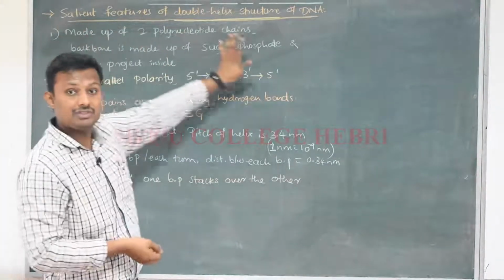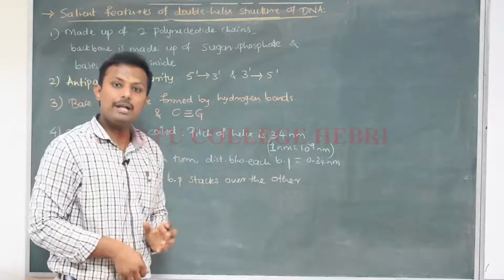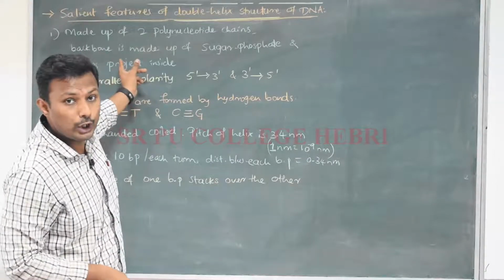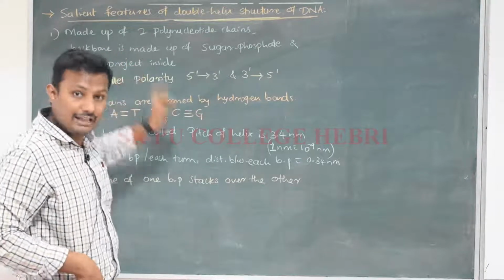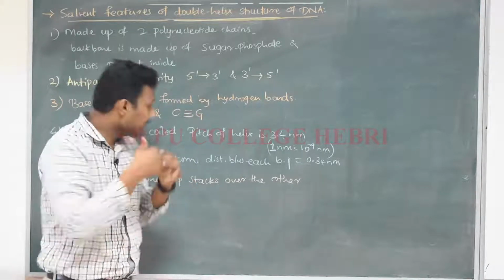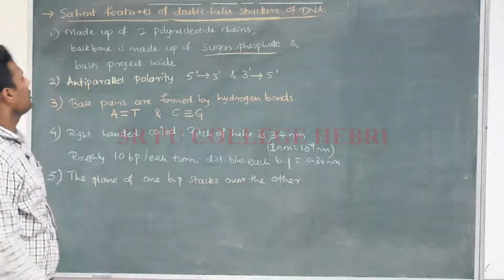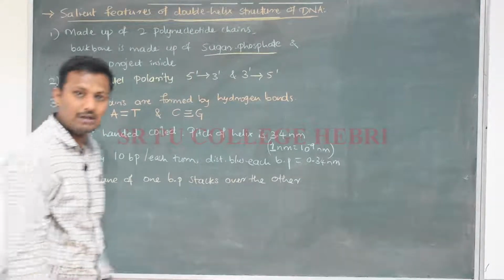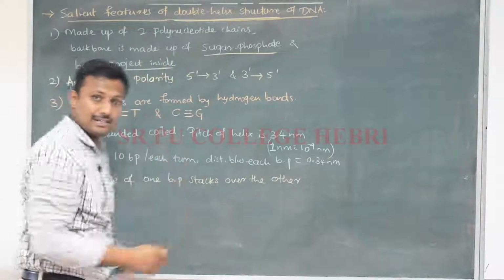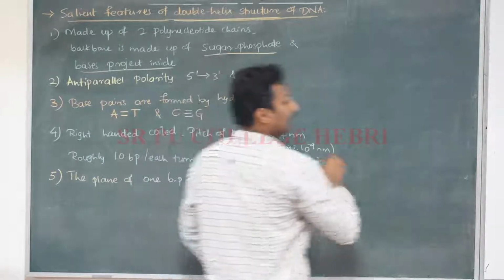The double helix structure of the DNA molecule is made up of a polynucleotide chain, and in that chain the backbone will be made up of sugar and phosphate. So sugar and phosphate will be in the backbone, and the nitrogen bases project inside. How is that? Let me try to draw the diagram.